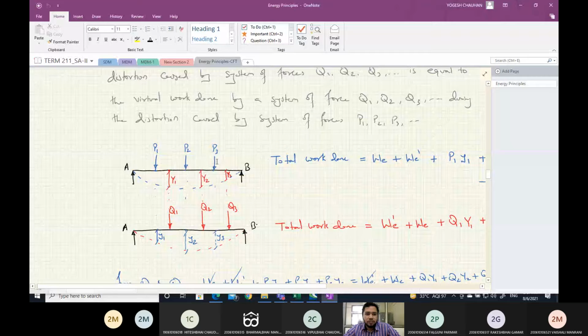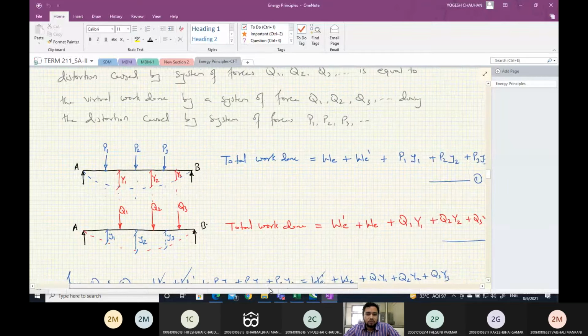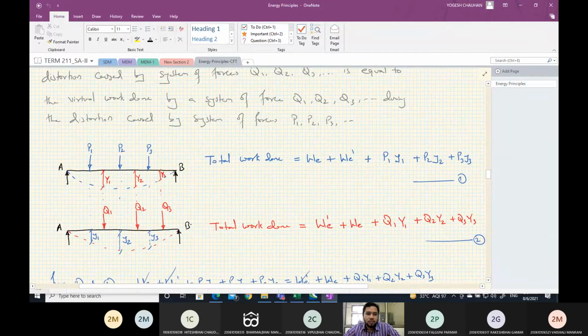So if P1, P2, P3 is the system of forces acting on beam AB, then the work done in this case will be WE, the work done by the system of forces P1, P2, P3, plus WE dash, the work done by the system of forces Q1, Q2, Q3, plus P1 Y1 plus P2 Y2 plus P3 Y3.